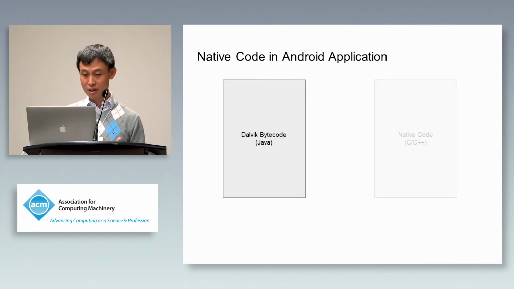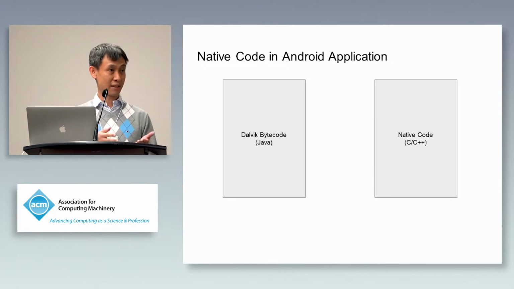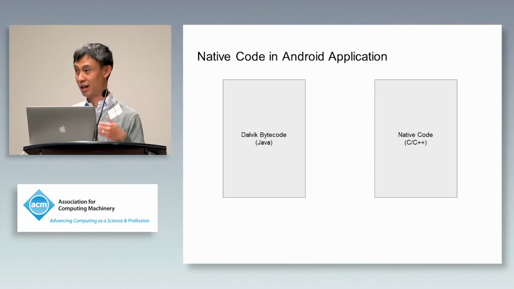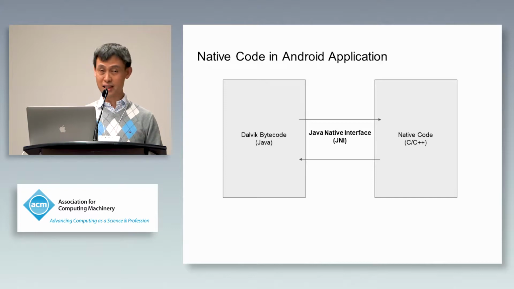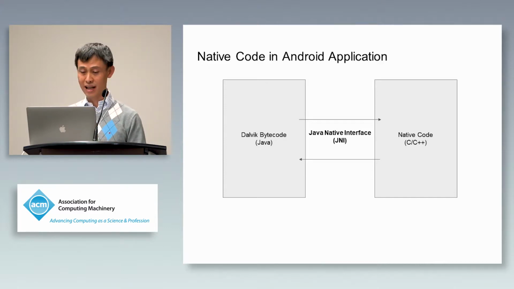And then you could also write some part of the program in C or C++ that will be compiled down to the native platform, being ARM, x86, or MIPS, and that becomes the native part of the application. And then the Java part and the native part can invoke functions from one another, and this is done through the Java native interface.